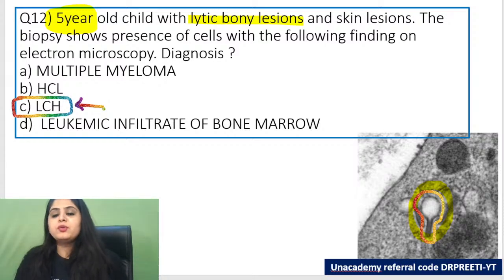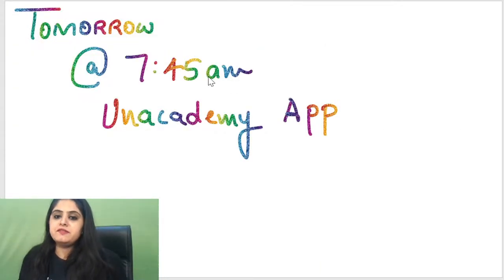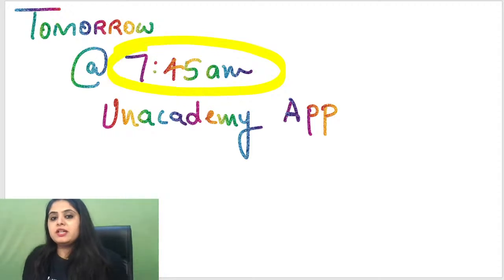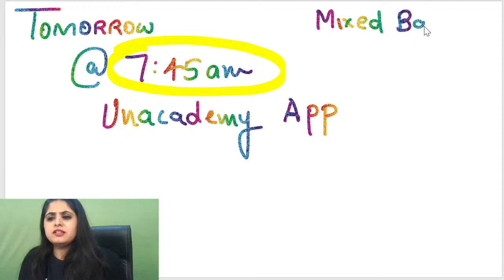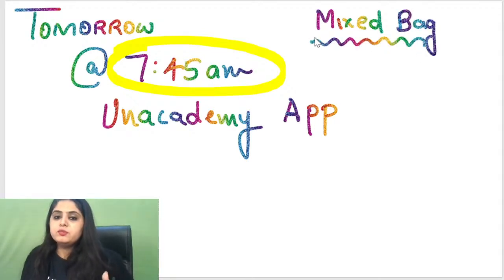So now tomorrow morning when we meet at 7:45, I hope you remember, the kickstart session is a mixed bag. Instead of asking you some random questions, I'll ask you questions pertinent to topics that I have taught you in this 1 week over YouTube and the kickstart morning. I'll ask you 2 questions on something about an electron microscope, not the ones that I've taught you today, some new questions.